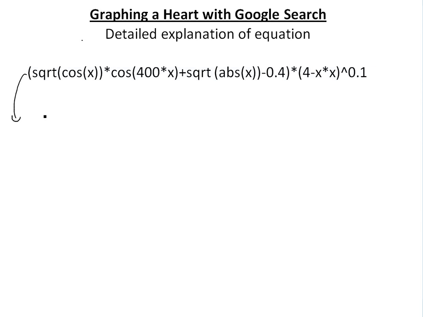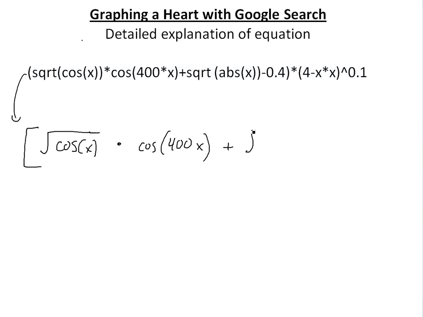So this one is square root cos x, and then times cos 400 times x, and then we plus square root absolute value of x, and then minus 0.4, and then all times 4 minus x squared, power 0.1.